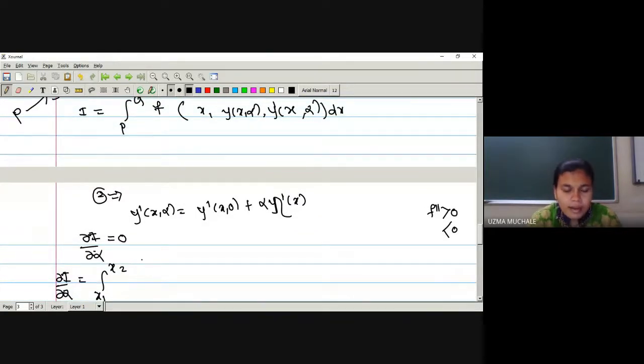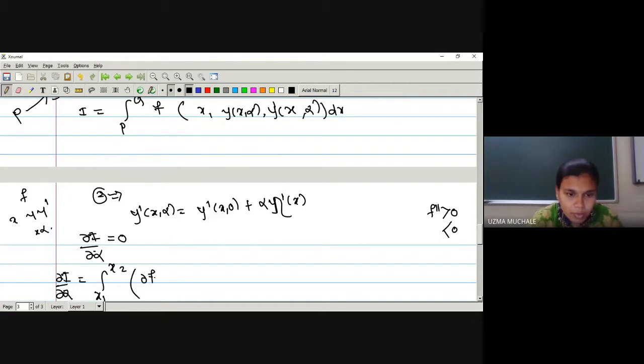Now we use the chain rule. F is a function of x, y and y dash, and y and y dash are both functions of x and alpha. So we have to use the chain rule whenever we differentiate, right?